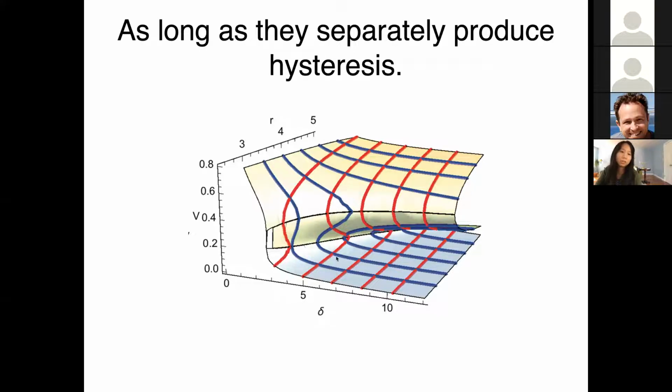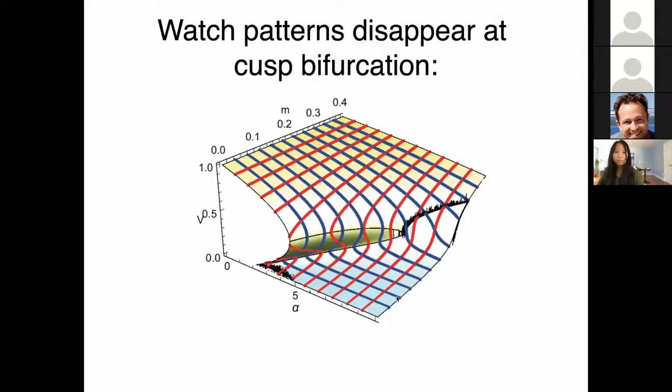So we should be able to produce a hysteretic relationship with the driver variable for each of the variables that you're correlating. And so here, this is growth rate and conversion rate. And in this example, you can see how the complex hysteretic patterns actually disappear as we move into this cusp bifurcation, where the hysteresis is lost at the high values of predation and mortality rates of the predator.